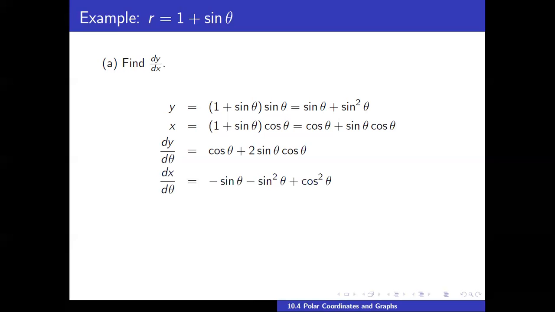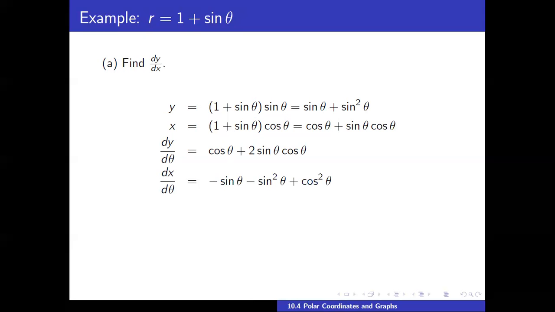And what about dx d theta? Well, I have to take the derivative of cosine, which is negative sine. And then what am I going to do with sine theta cos theta? I would have to use the product rule. So it would be the first, which is sine, times the derivative of the second. What's the derivative of cosine? Negative sine.